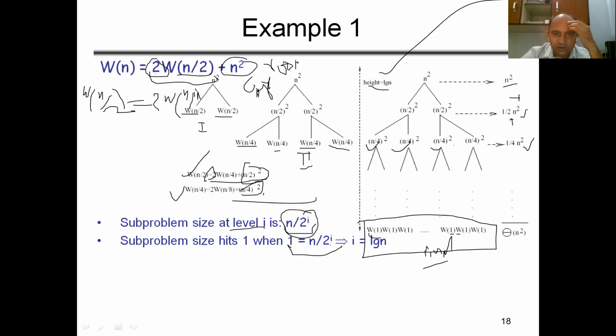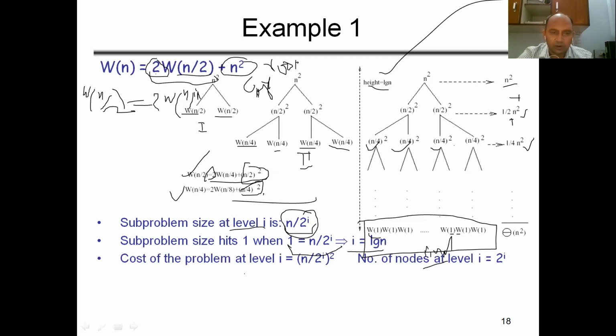After solving this equation by taking log of both sides, I can write that i is equal to log n. So the height of this tree is log n.